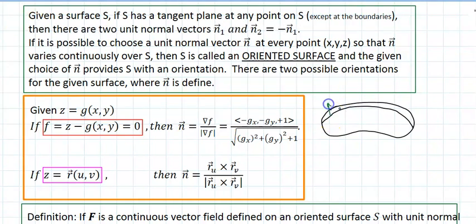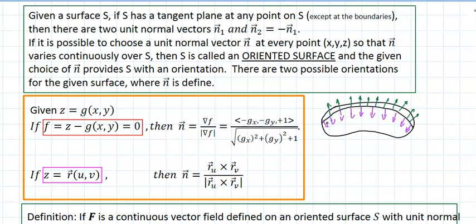So think of it either this way or negative n. Either way.